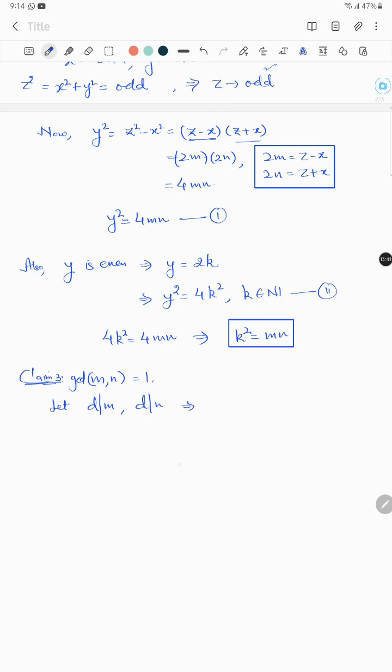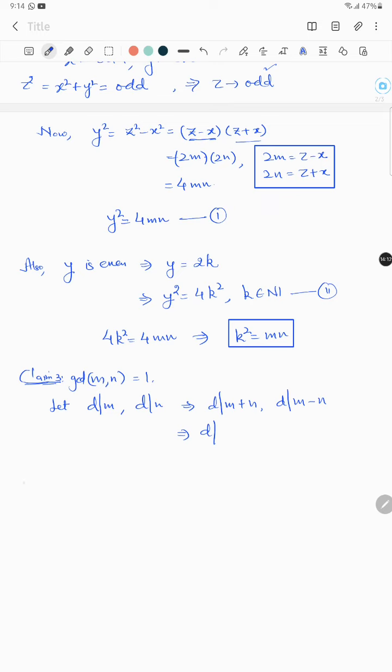Then d will divide their sum and d will divide their difference, because if a number divides two other integers, then the same number will divide their linear combination also. So I am taking as a particular case the linear combinations sum and difference. So what is the sum of m and n?